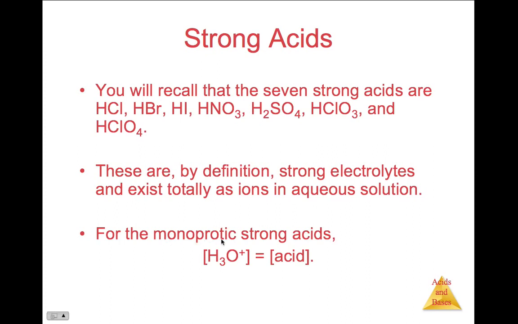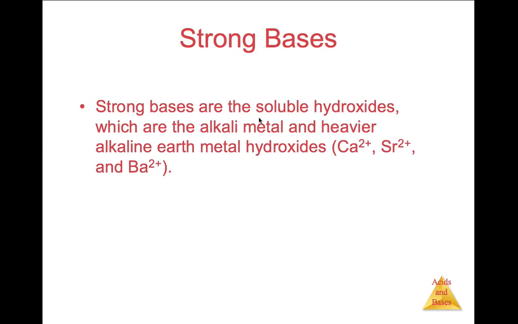So a monoprotic acid would mean that it has one hydrogen ion attached to whatever the anion would be. You can see that all the strong acids are monoprotic, having one hydrogen, except H2SO4. This is called a diprotic acid because it has 2 acidic hydrogens. We'll talk more about diprotic and what are called polyprotic acids later on in this video cast.